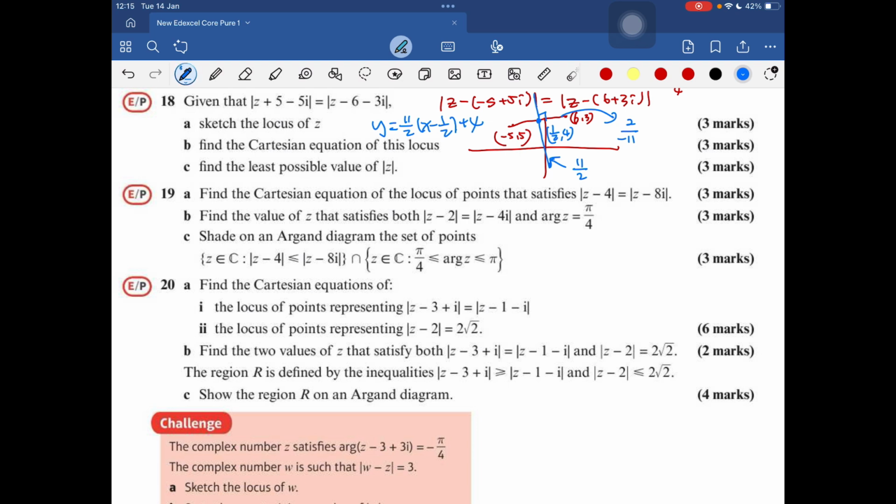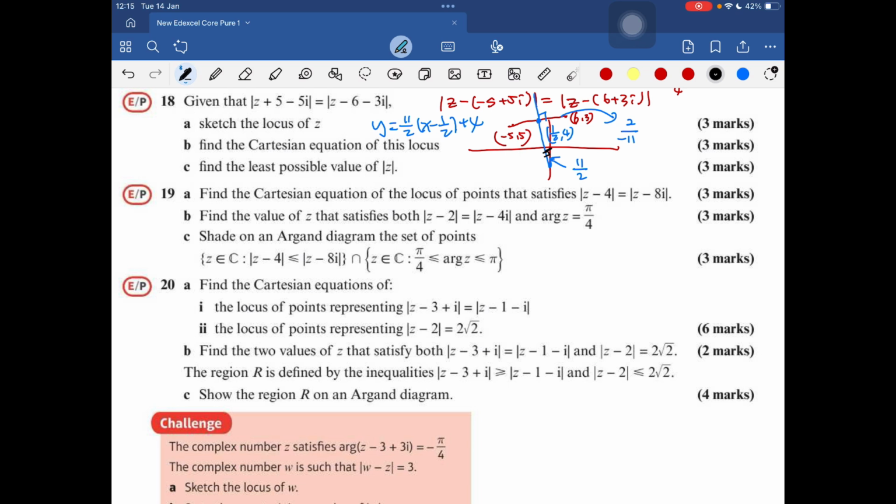Least possible value of modulus of z. Oh, my drawing looks like it passes the origin, but actually we are not sure about it. So let me just move it a little bit like this. So from origin to the line here, this should be the minimum distance.